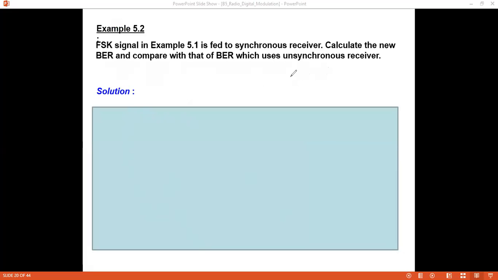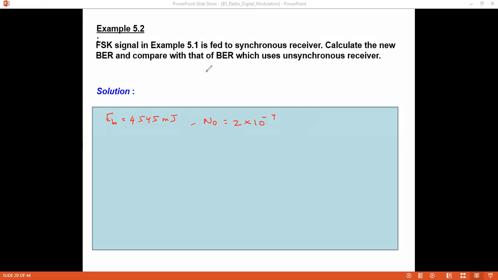From the previous, what we got is our EB equal to 4.545 millijoule, and our N naught is equal to 2 times 10 to the minus 4.